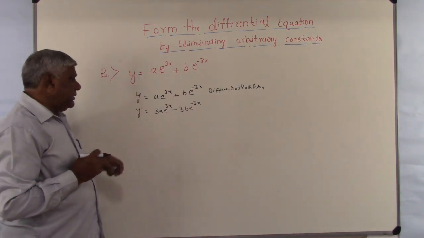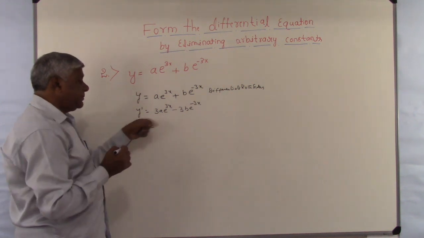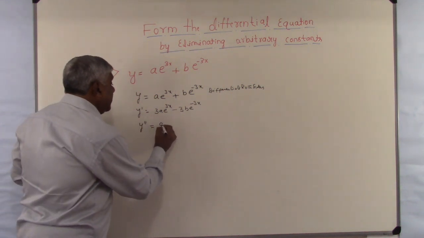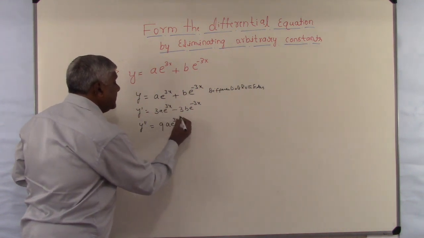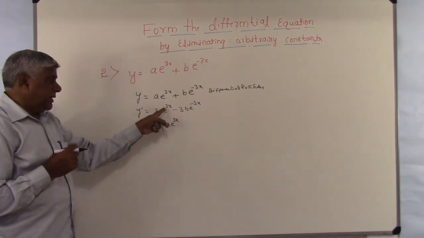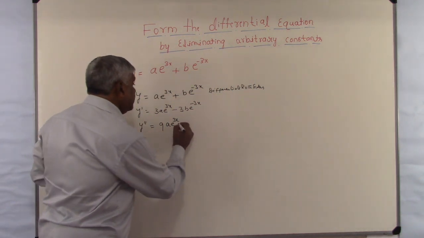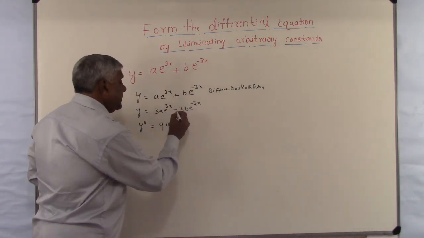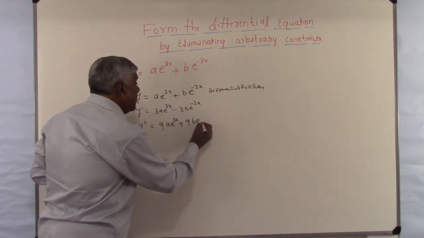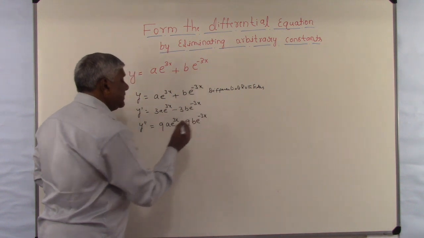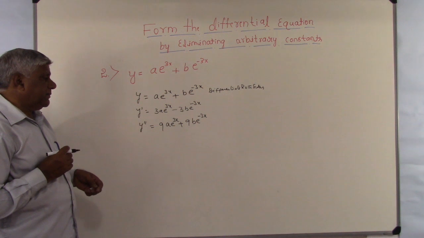Now once again, y double dash, you will see. Now this is 9a e to the power of 3x. Are you following here? 3 3s are 9, minus into minus becomes plus 9b e to the power of minus 3x.